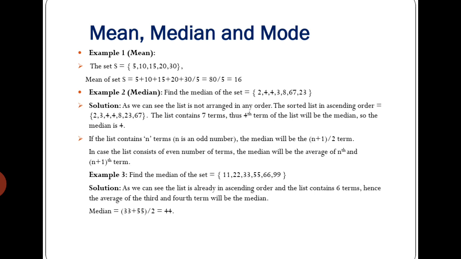Hence, the average of the third and fourth term will be the median. The third term is 33, the fourth term is 55. So take the average, 33 plus 55 divided by 2, that will be 44. So in case of an odd number of terms, you can take directly the middle number. In case of an even number of terms, you take the average of the middle two terms.